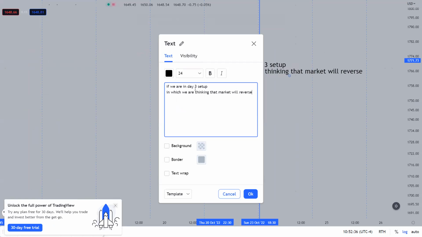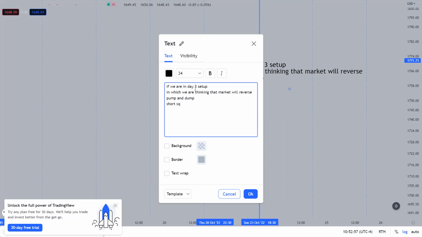So we are looking at the reversal setup. Basically, the reversal setup is indicated by either our pump and dump or our short squeeze, right?